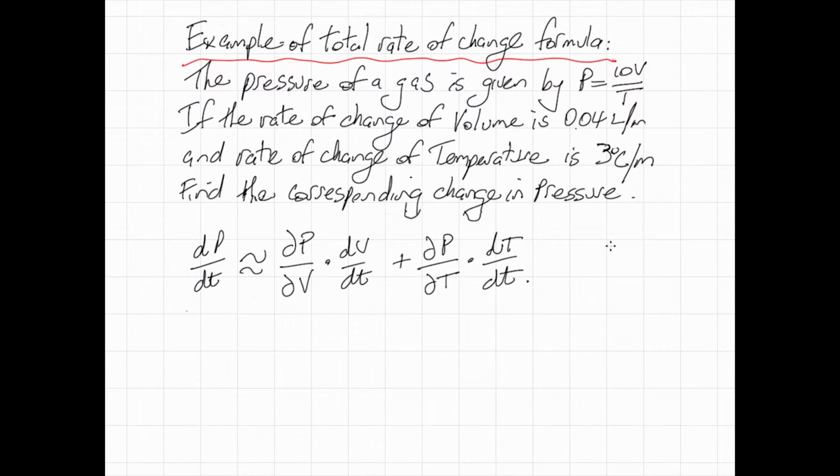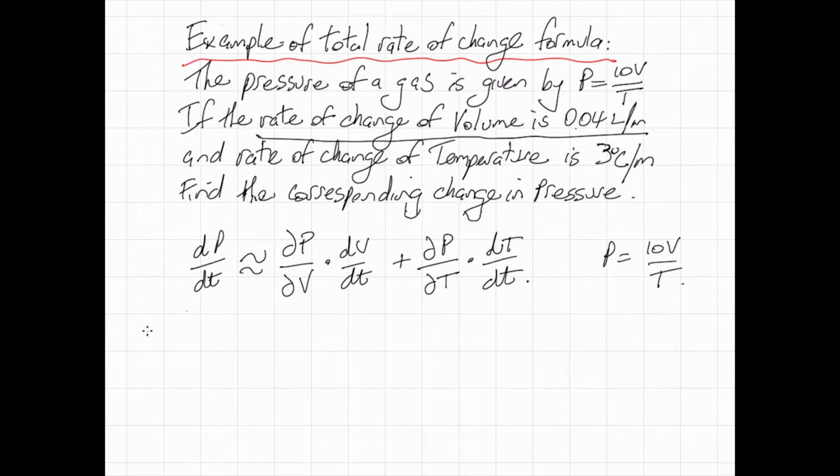All right, what have we got? We've got P as a function of V and T. So we'll be able to calculate those partial derivatives. dV/dt is the rate of change of volume over time, and we're actually given that the rate of change of volume is 0.04 litres per minute.